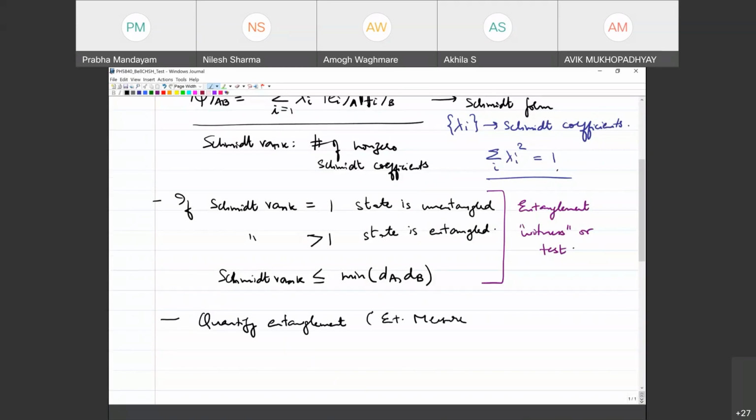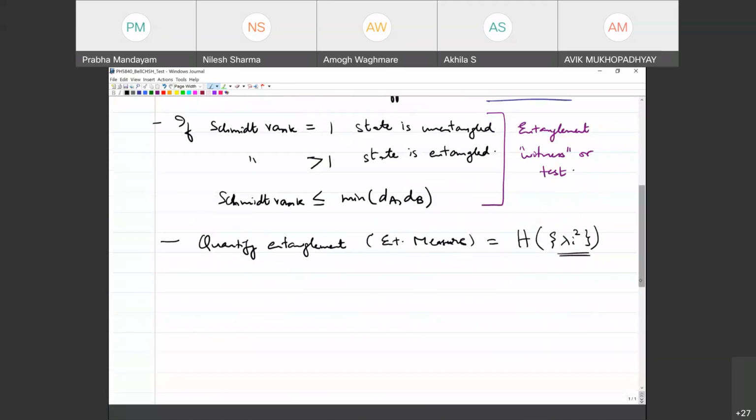And this measure is nothing but the Shannon entropy of this probability distribution comprising the lambda_i squared. So the lambda_i squared constitute a probability distribution, and the Shannon entropy of this is nothing but minus the sum over i of lambda_i squared log lambda_i squared, right? So this constitutes a measure of entanglement. This is often called the entanglement entropy.